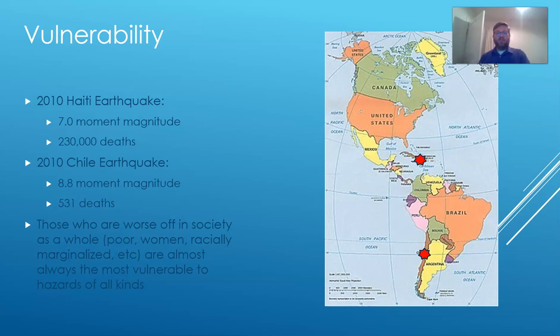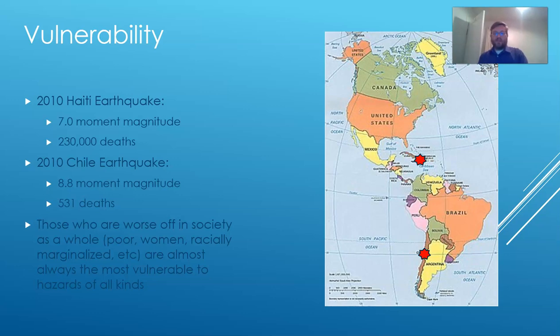The people that are already not doing as well in society tend to be the ones that are also most vulnerable to hazards of all different kinds. Right? So the poor, for example, will be more harmed by an earthquake or a volcano or a forest fire or a hurricane, etc.